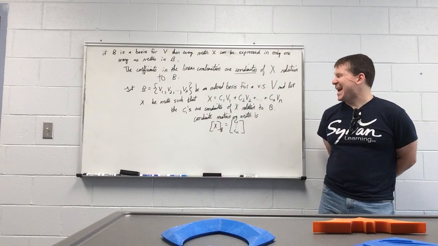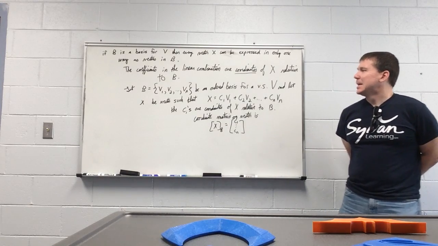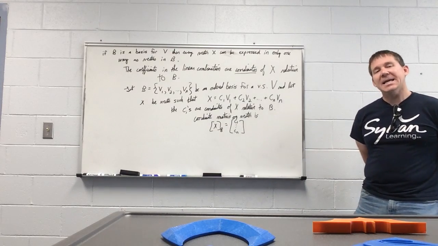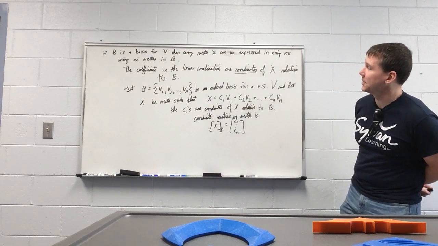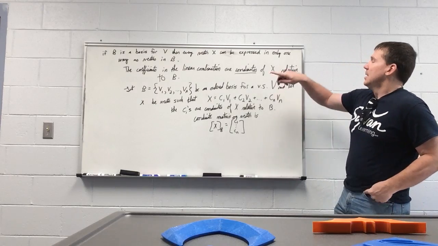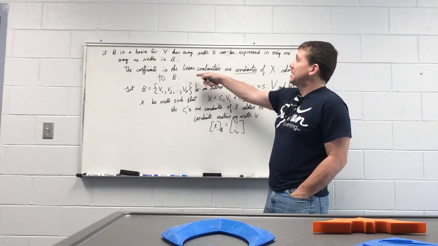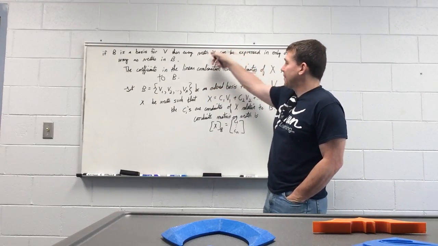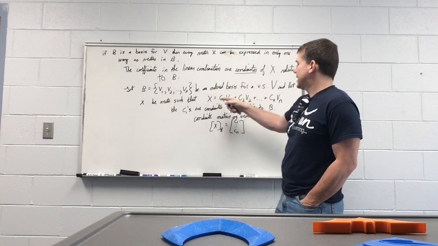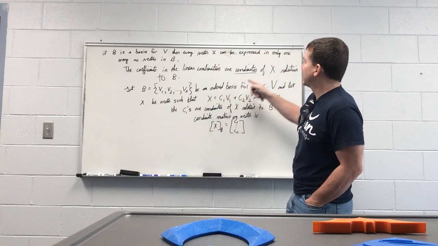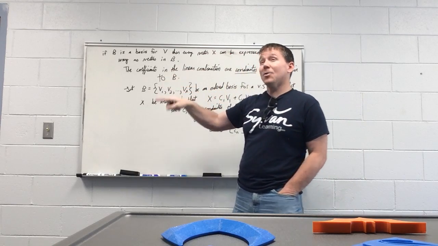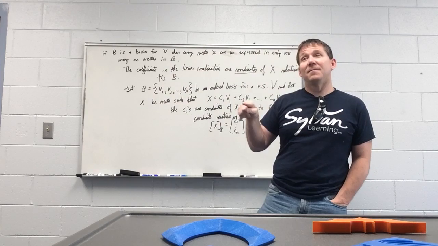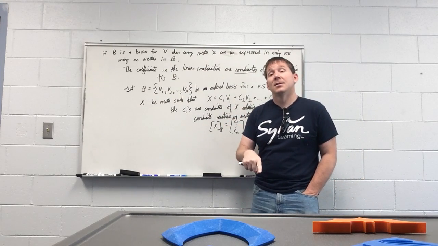And admittedly, that's a whole lot of words there. The idea is actually pretty straightforward, which we'll see in a second with a couple of examples. I have a basis B, I have a vector x, and I know there's only one way to write it as a linear combination of vectors in my basis.